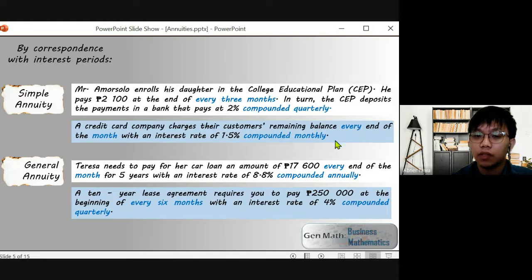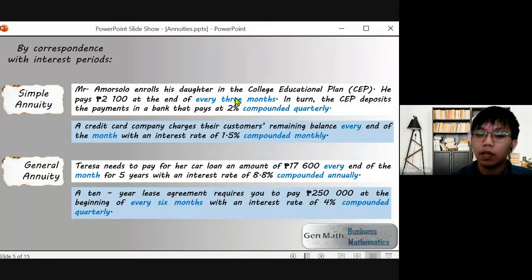So that is every month. When you say payment interval, how often is the payment?